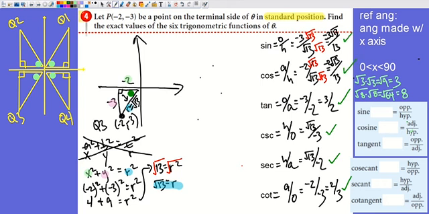Now let's pretend this said, instead of 13 on the bottom, I'm going to make this up, let's pretend it said 18. That means you can still simplify this further because 3 over 18 gives you 1 over 6.